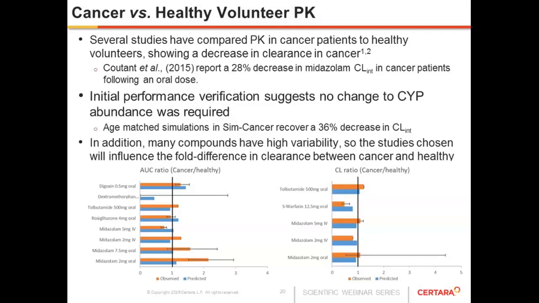So, for example, CYP3A substrate midazolam has been reported to undergo a decrease if you compared cancer patients to healthy individuals. So when we did our initial performance verification, we didn't make any changes to the CYP abundance.